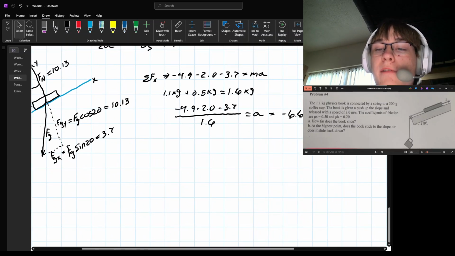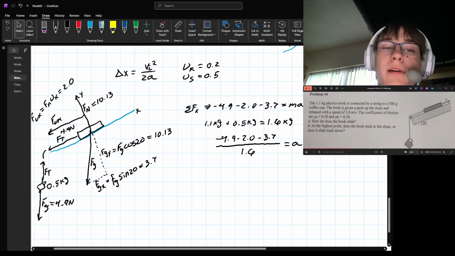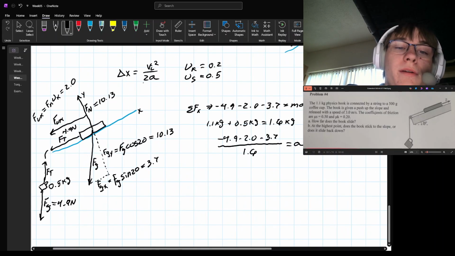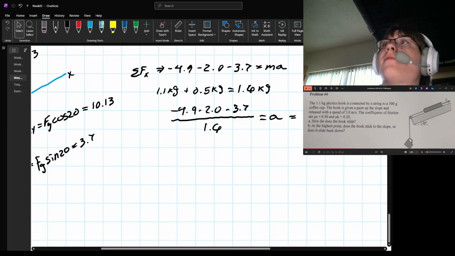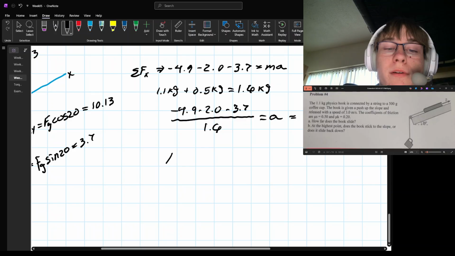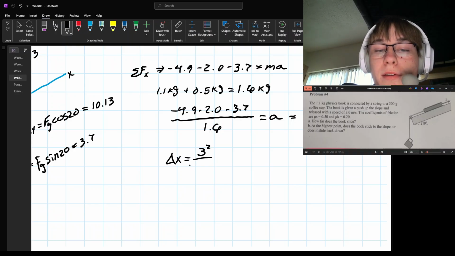So now from that, we need to solve how far does the book slide? And remember I said earlier, this equation would be important. So velocity initial, we see from the problem it was 3 meters per second. So delta x equals 3 squared over 2 times negative 6.63.